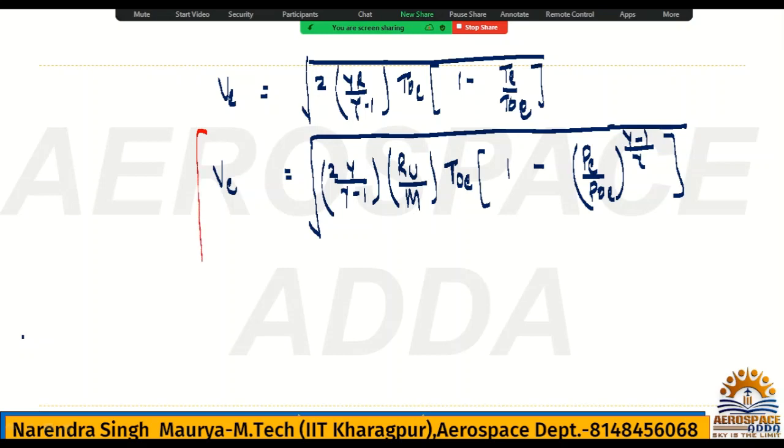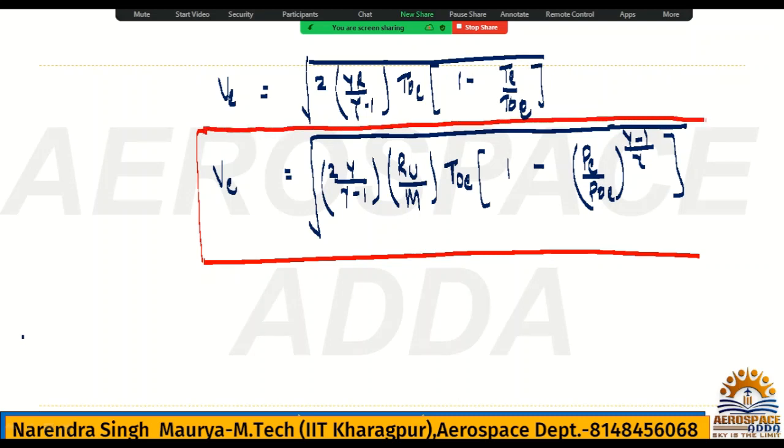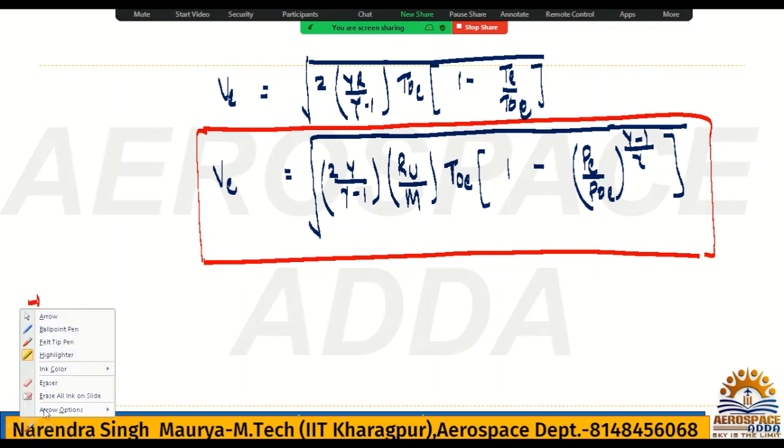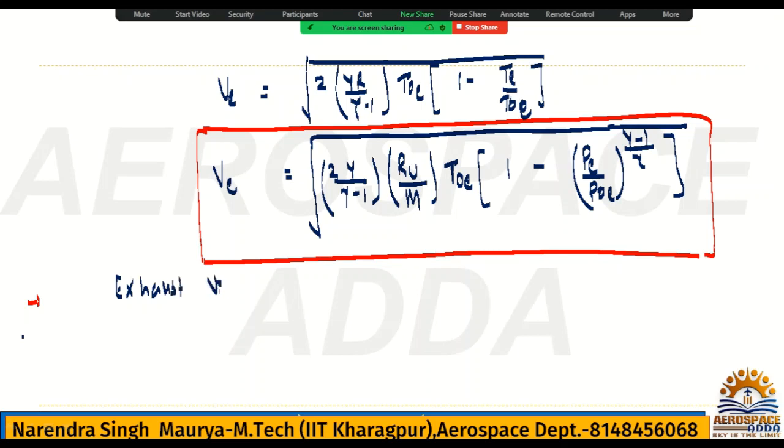Now, why am I writing this formula? There is some speciality of this formula: the dependency of the exit velocity. This is another formula for the exhaust velocity. The exhaust velocity depends on the following parameters.